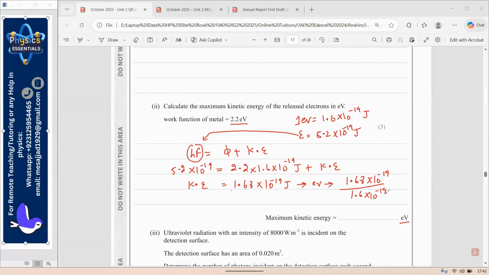And when you do it, you are going to get 1.05 eV. But since you have the significant figures of the work function too, your energy should also have two significant figures. Therefore, it will be rounded off to 1.1 eV.